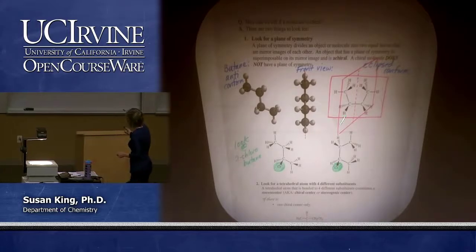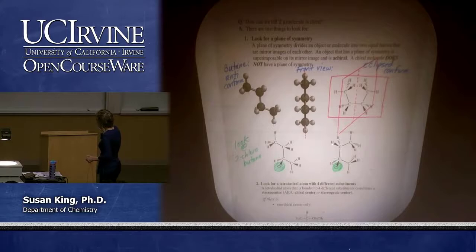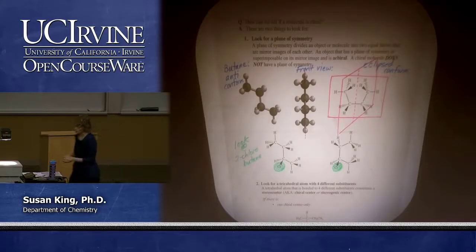All these planes of symmetry are gone because if we try to have a plane that goes right through your page, straight down, this chlorine would have to match another chlorine on that side, and it doesn't. So there's no plane of symmetry that way. There's no plane of symmetry this way because this chlorine doesn't match that hydrogen. We would have to make that hydrogen a chlorine also, and we can't do that because it's a completely different molecule.